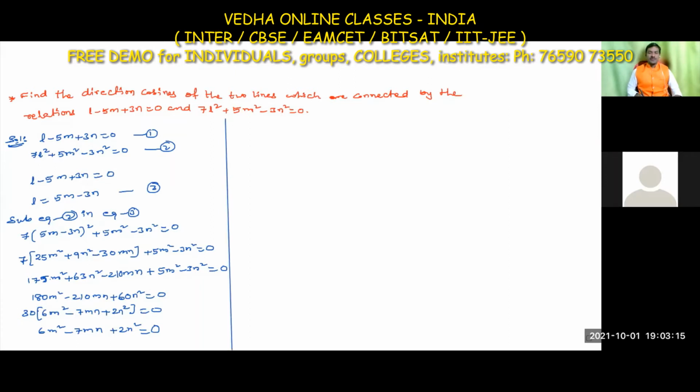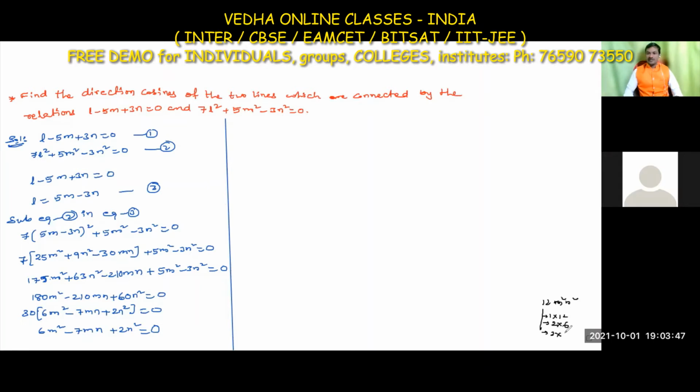Now, we have to find the factors of this equation. 6 2s are 12. Multiply the first term and last term, 12m square n square. For this 12, we are going to find the factors: 1 into 12, 2 into 6, 3 into 4.